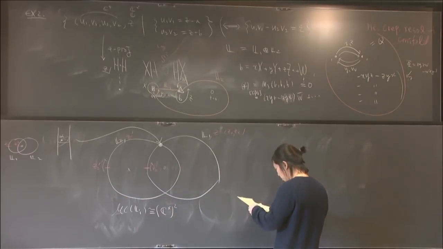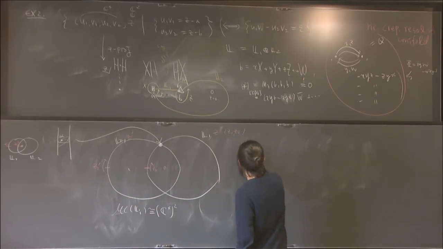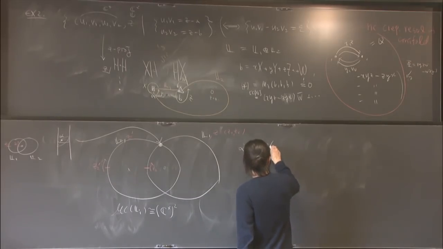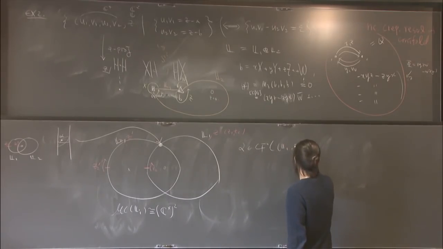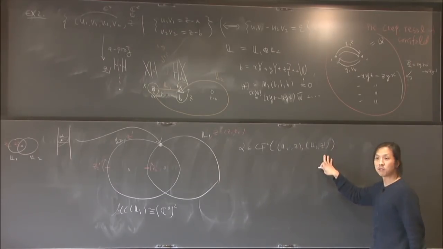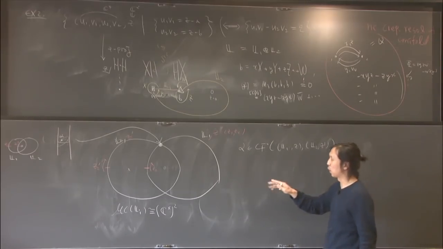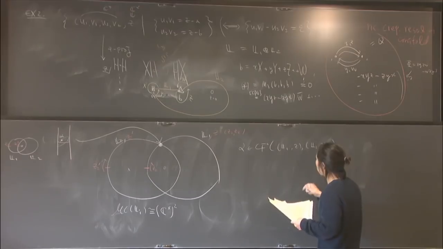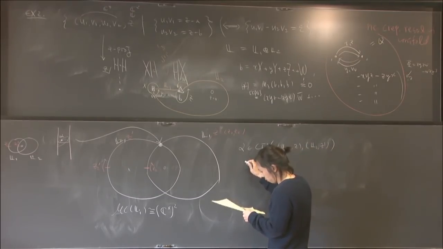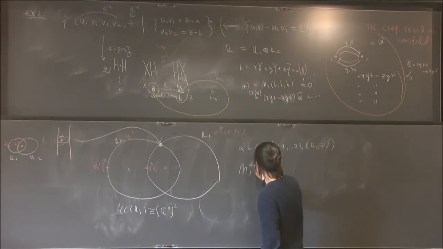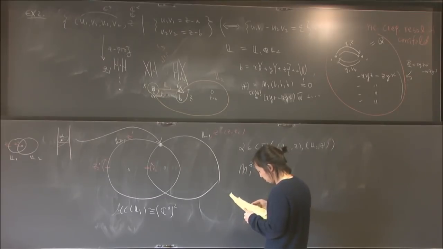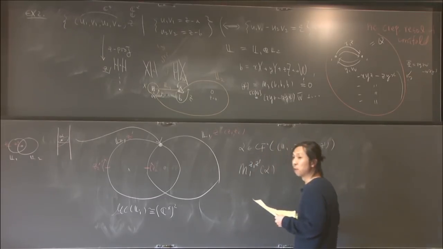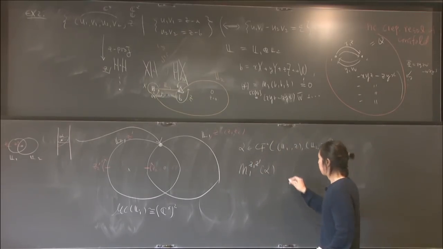So I should first check whether alpha is in CF^0(L1, L2) with Z and Z prime. This Z and Z prime just means you put these weights when you count the holomorphic disks. I want to compute this, which I hope to be 0 for alpha to be an isomorphism. Right, how to compute this?